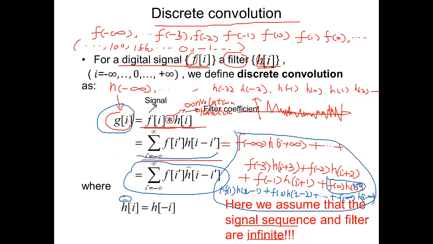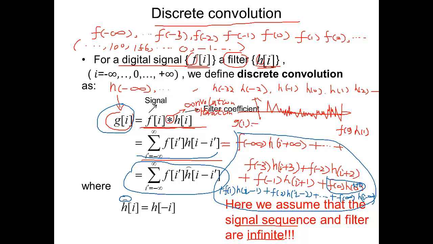If you replace i here, f0 should be multiplied by h1. That's based on the math equation.